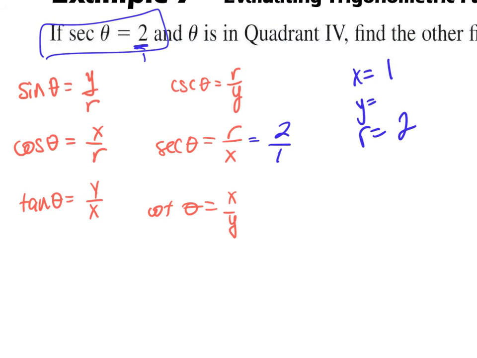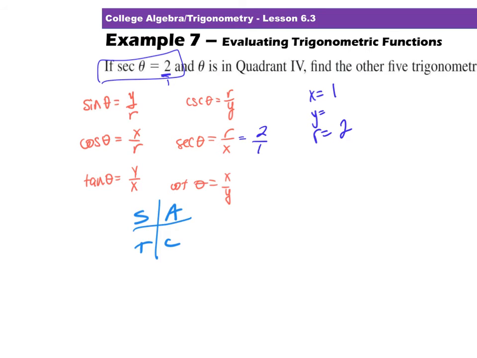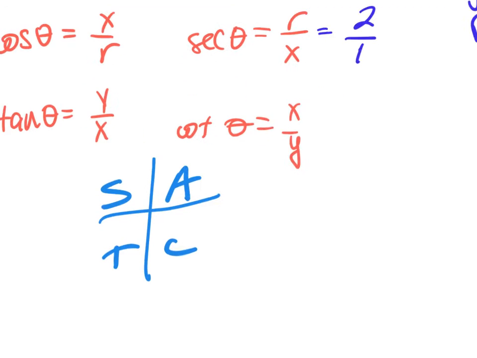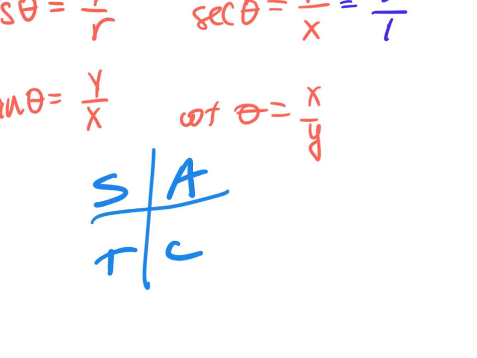So the first thing we're going to do, based on what they've told us, is all students take calculus. So with this first piece of information, they told me that the secant is 2. First of all, is 2 a positive number or a negative number? It's positive. So it could be in the first quadrant, yes, because everything in the first quadrant is positive.